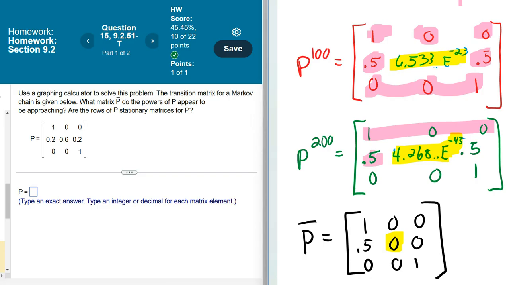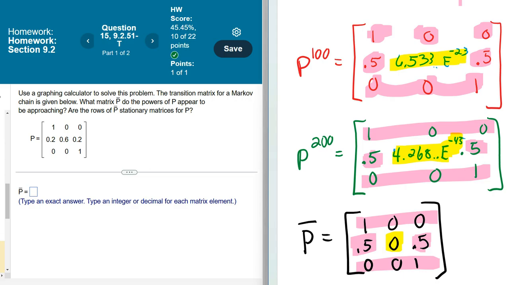Whoops, I made a boo-boo right there, that's supposed to be a 0.5. My bad. So it's obviously the thing in yellow is approaching 0.